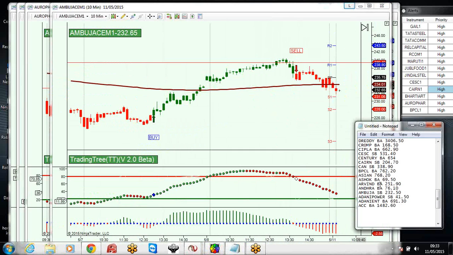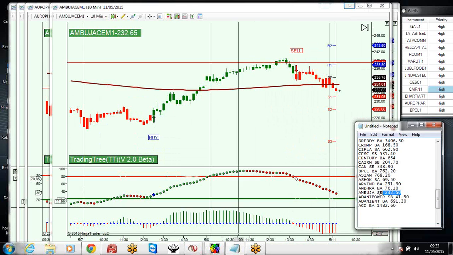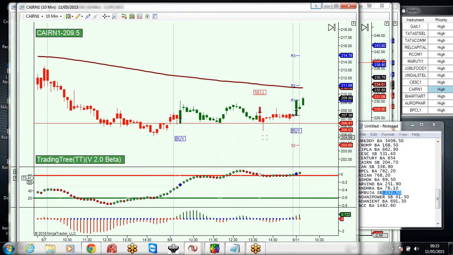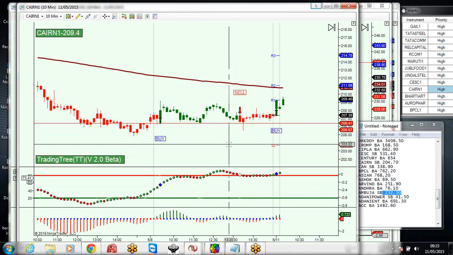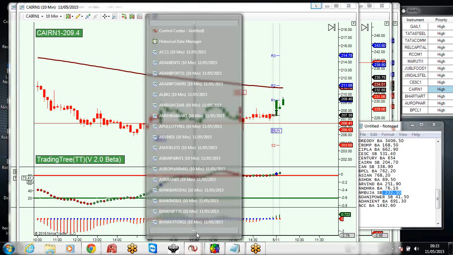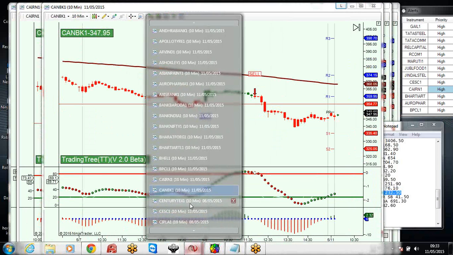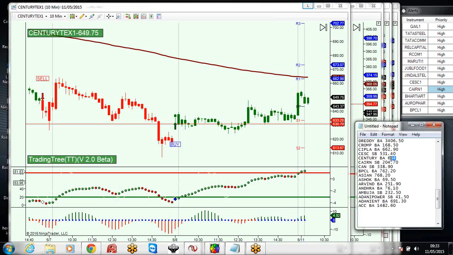So Ambuja, we had a sell. You can see it here, 232.50. You can short it at that price. $654 will be the buy for Century.